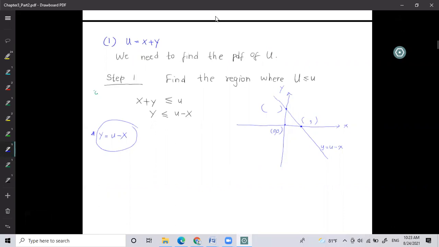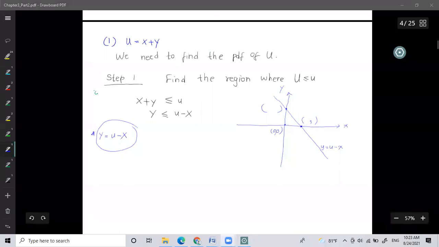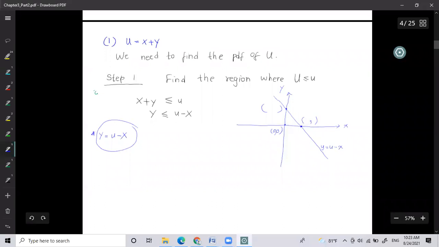Substitute in this equation, when Y is 0, what will happen? You know how to do that, right? So that will be u comma 0.